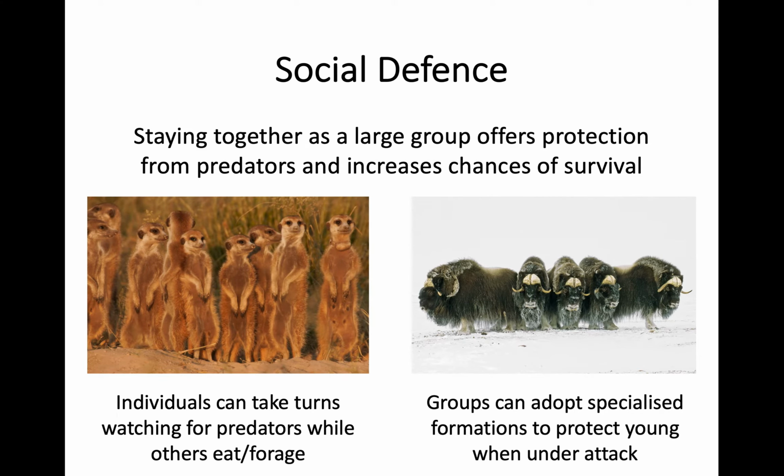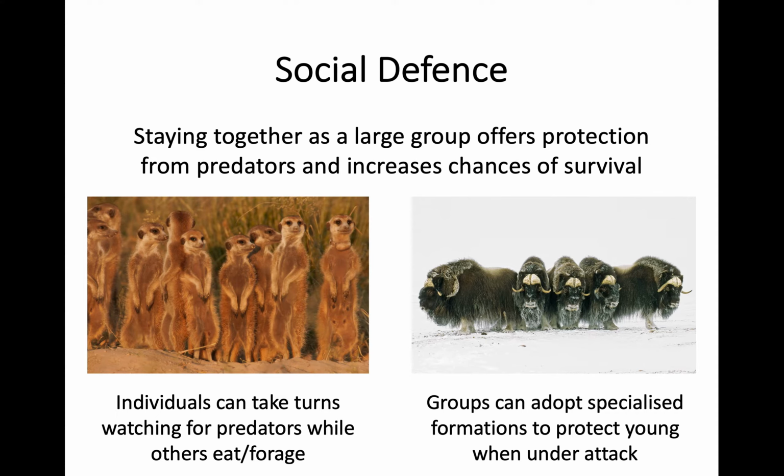And really the opposite of this is also true in social defence. By staying together as a large group, so again this idea of safety in numbers, you can have a much wider chance of protection from predators, and that's going to increase your chances of survival. You can see some images of meerkats all standing on end, keeping an eye out.